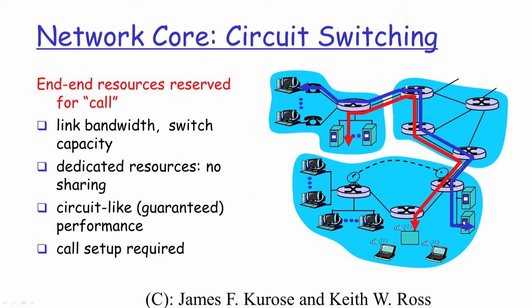Because the resources have to be identified and reserved on each of those devices in the path, I cannot directly start transferring the data without doing an initial call setup, right.